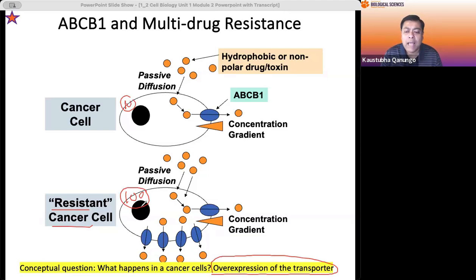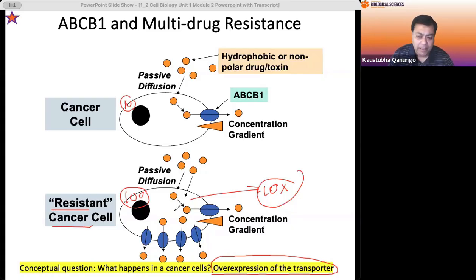So now what will happen is that once the cancer treating drug gets into the cell, it will be transported 10 times faster than in a native cancer cell. And this is what we call resistance to a chemotherapeutic agent, a resistant cancer cell. And this is just by increasing the number of those.